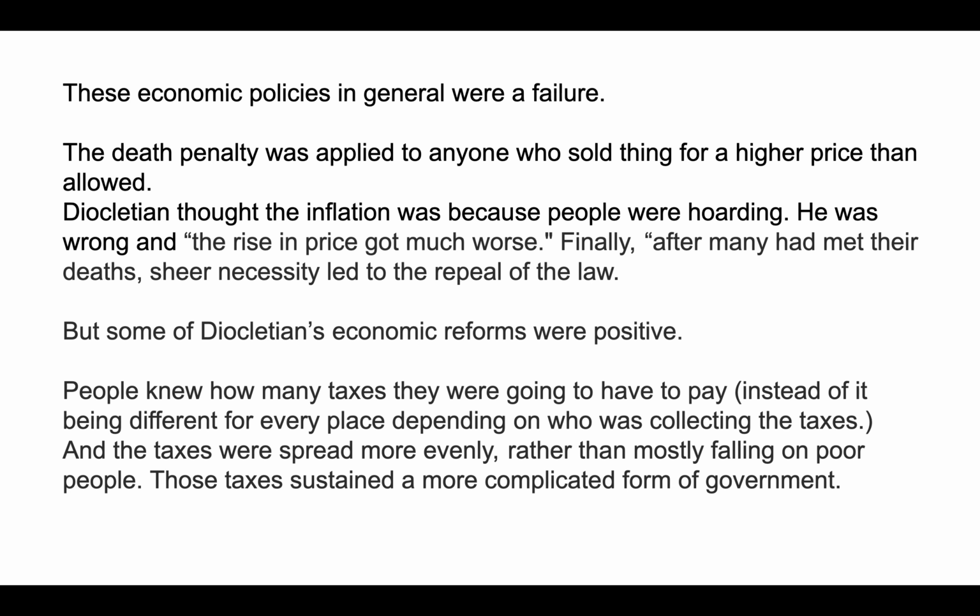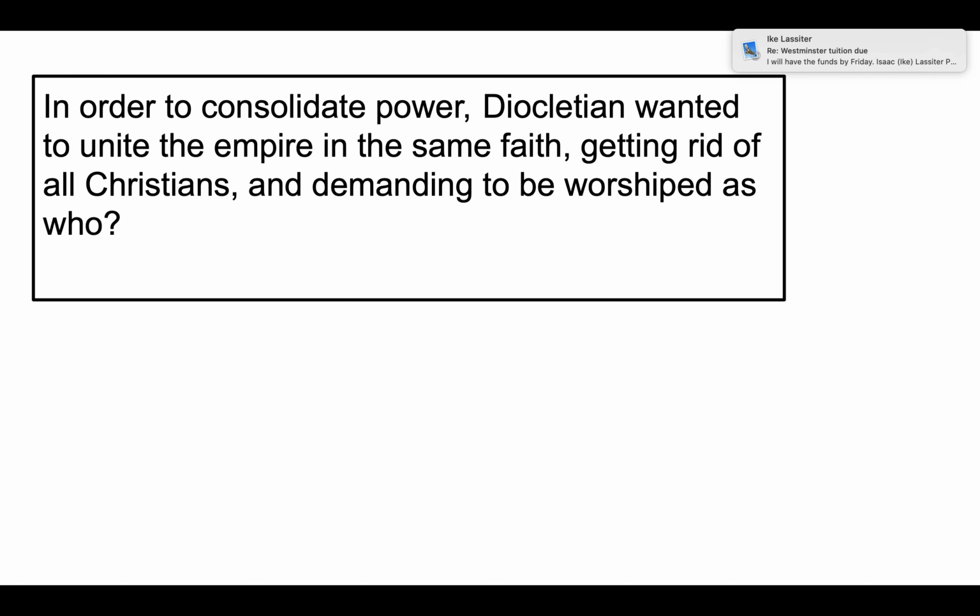But Diocletian wanted to sustain a lot more complicated kind of government, and so he did it with a more complicated system of counting all the people, all the stuff, all the soldiers, and then really working through how to do it. He was very organized, as you can tell, since he even organized his empire in a way where he was in charge, but there were other people helping to rule it.